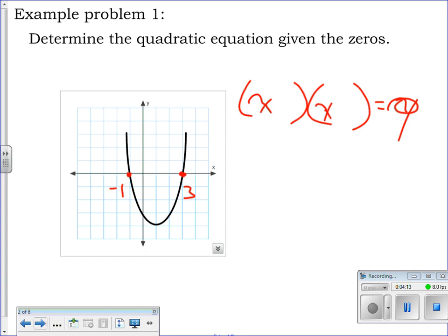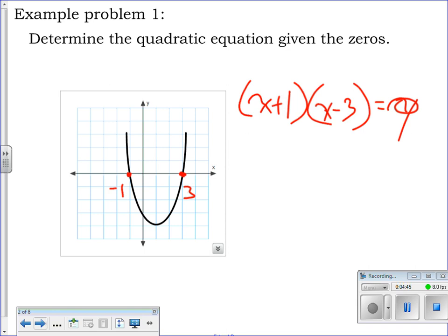Inside is opposite. So if -1 is one of my roots, what do I have inside? +1. If +3 is one of my roots, what do I have inside? -3. And you'll see more clearly why this works that way later on. Okay? That's my quadratic equation. x plus 1 times x minus 3 equals y.